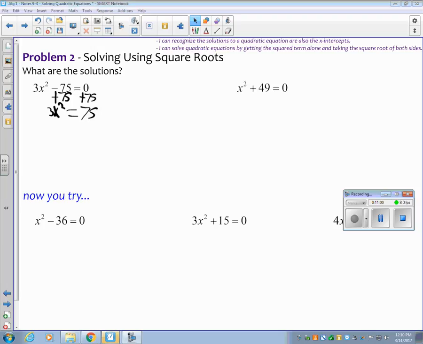All right, so we got 3x squared equals 75. We're trying to get the x squared by himself. What do I have to do with that 3 to get x squared by itself? No. 3x squared equals 75. We're still on that one. We got to get x squared by himself. Got to get rid of that 3. All right, let's put the result down. X squared equals, what's 75?